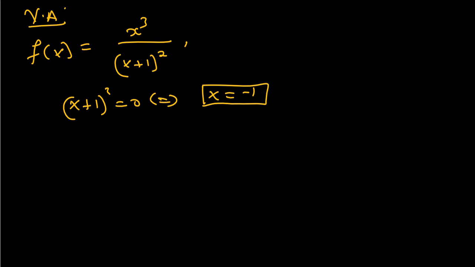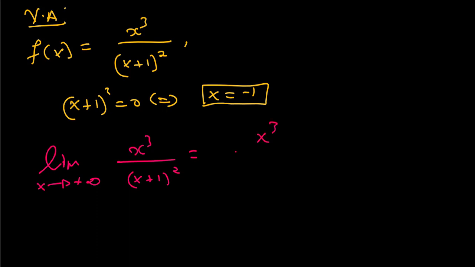So if you obtain the limit as x approaches, let's take the case of positive infinity, of x cubed divided by (x plus 1) all squared, this is the same as x cubed divided by x squared plus 2x plus 1. In order for us to evaluate this, we divide top and bottom by the highest degree of x.